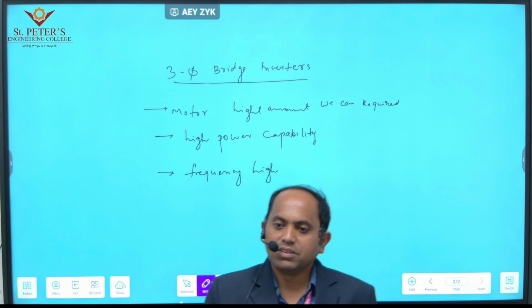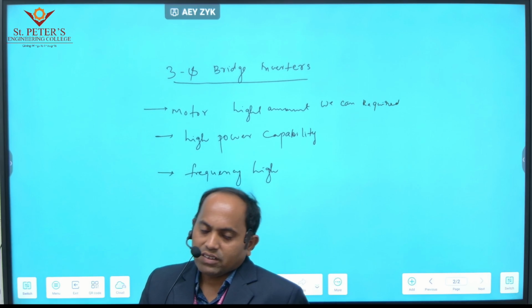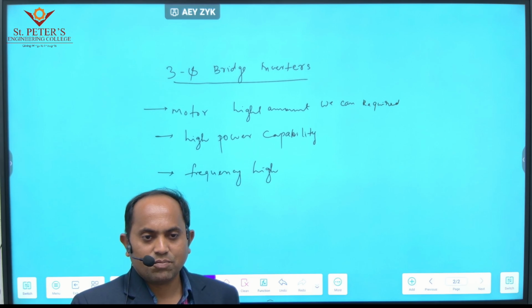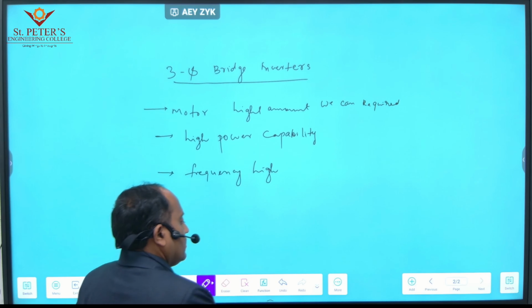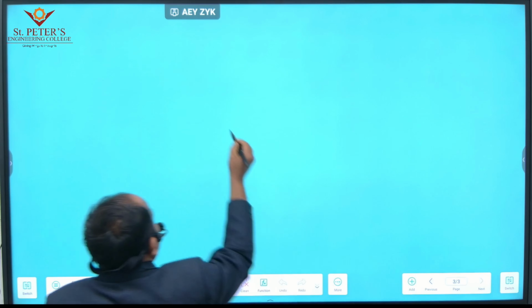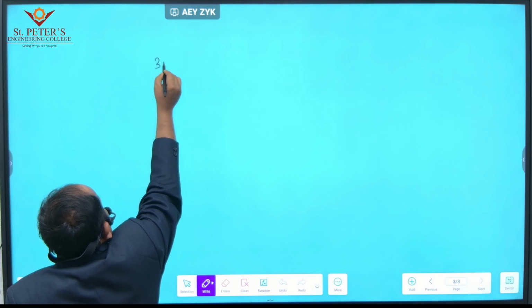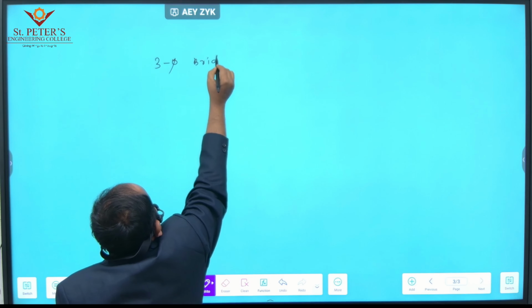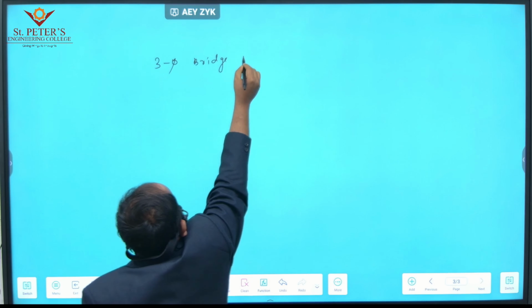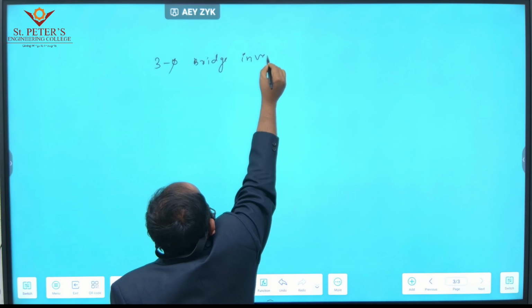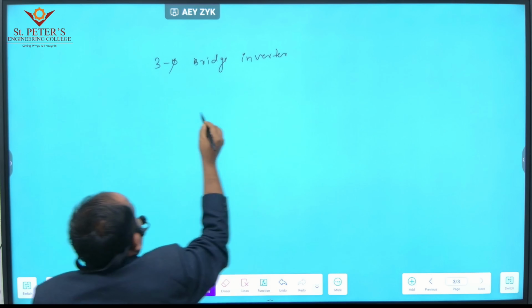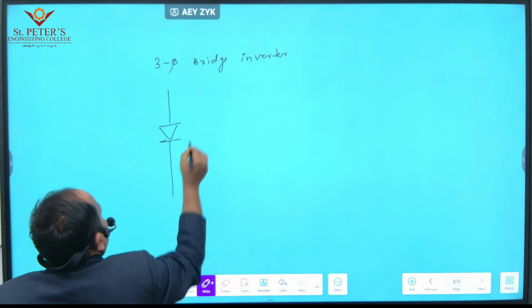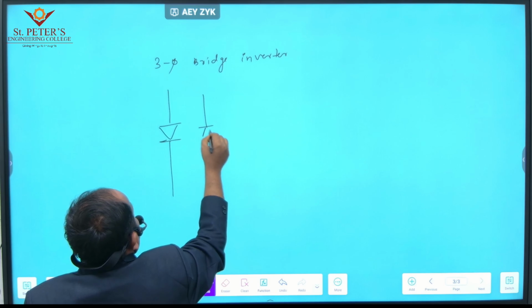A three phase bridge inverter consists of thyristors that form three half wave inverters. So let us go to the three phase bridge inverter diagram. It contains three single phase half bridge inverters.